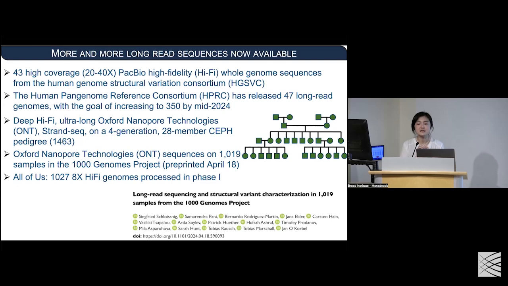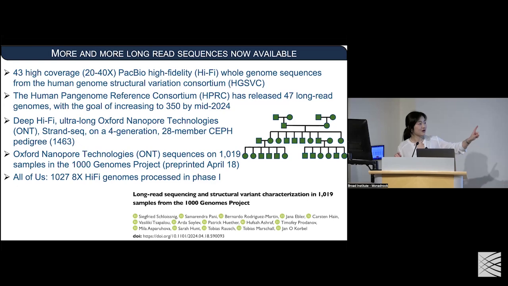So to summarize, I think the long read field is very promising, as there are more and more long read sequences available from the HGSVC, the HPRC, and also this very famous CEPH 1463 family. They're now extending it to a Utah family with 4 generations, so you have many trios and many siblings to compare against.